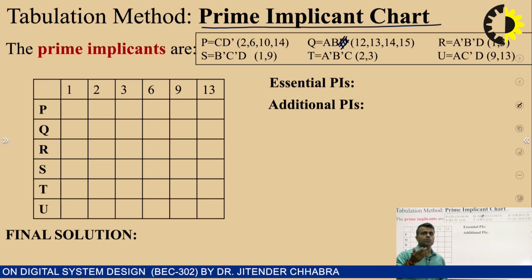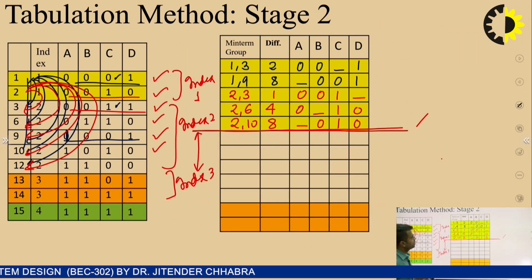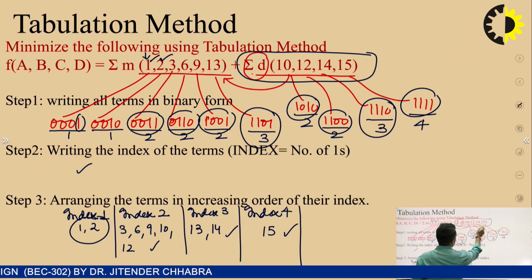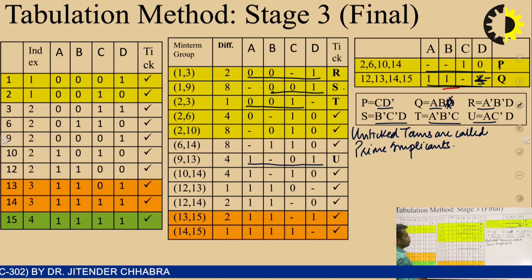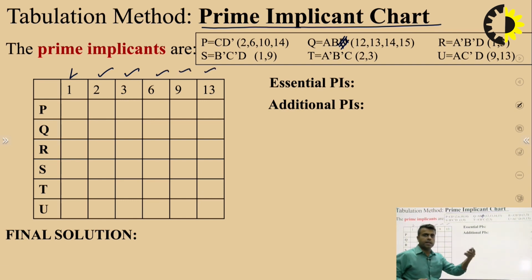So these 4 terms are not going to be used further. That's why I have mentioned only min terms 1, 2, 3, 6, 9, 13. If those 4 terms were not don't care and were normal terms, then 4 more columns would have been there, like we had seen in the tabulation method without don't care.